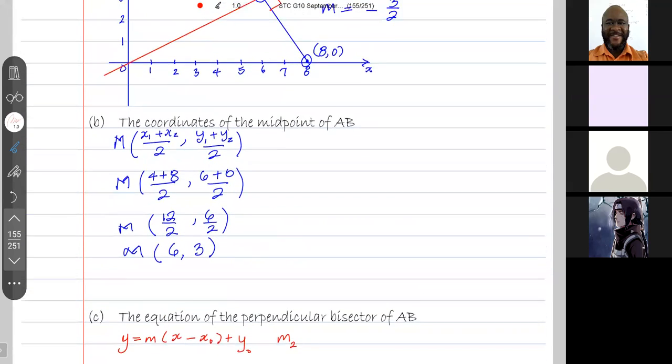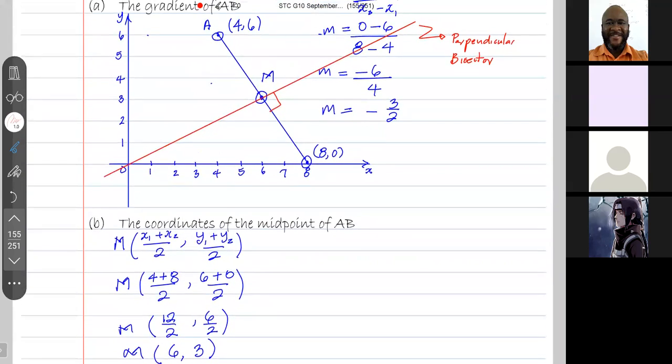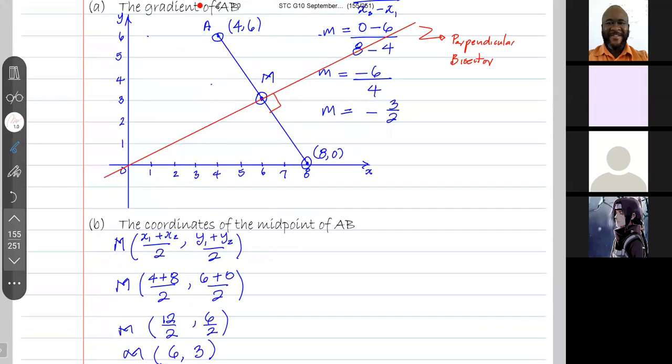Guys, if the gradient of the line AB is minus 3 over 2, this is M1. What would be the gradient of the perpendicular bisector? 2 over 3.